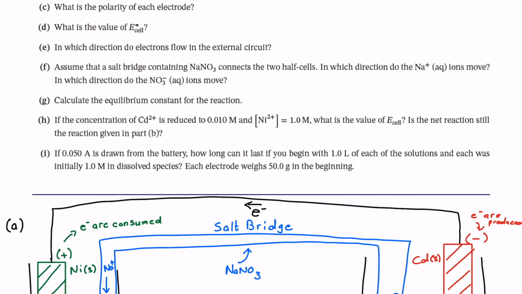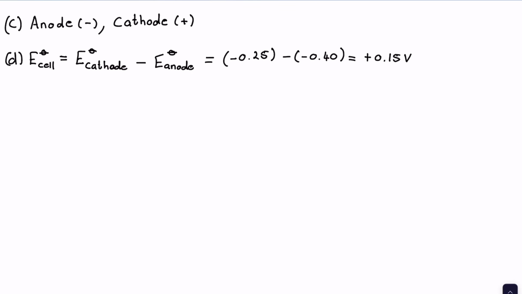It now asks, in which direction do electrons flow in the external circuit? And of course, we've already done that, in that the electrons will flow from our anode, where they are generated, to the cathode, where they are consumed, right? So you can just write that as part E. They will flow from our anode to the cathode.